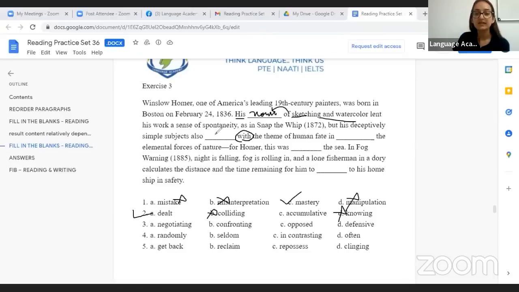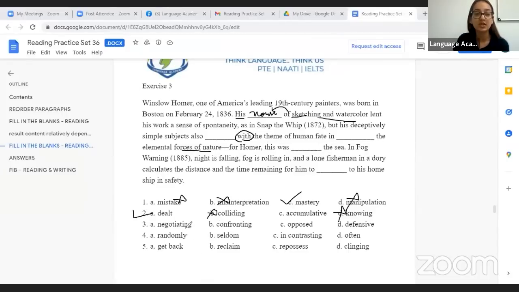So his subjects dealt with the theme of human fate in dash the elemental forces of nature. If we don't get the exact meaning of it, we can just understand forces of nature like fire, water, air, wind. All these things are forces of nature. So with the theme of human fate in dash the elemental.